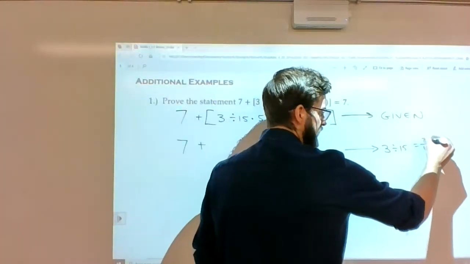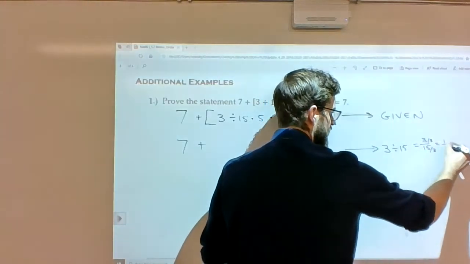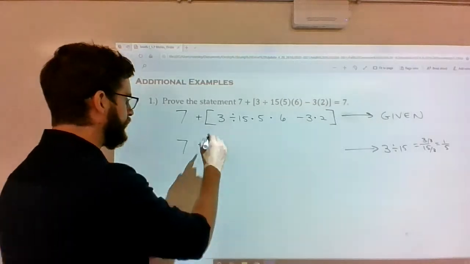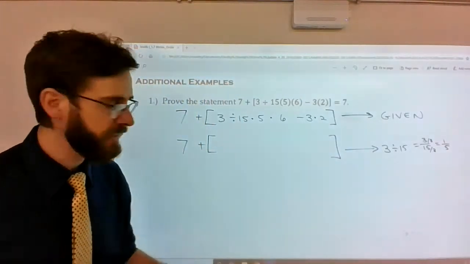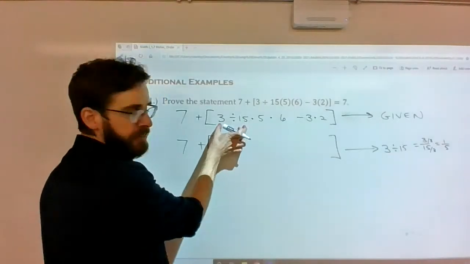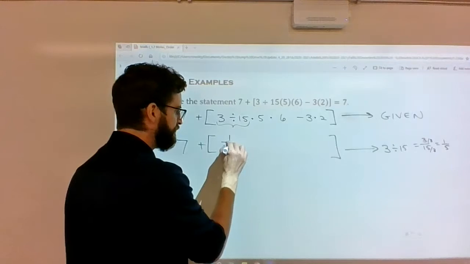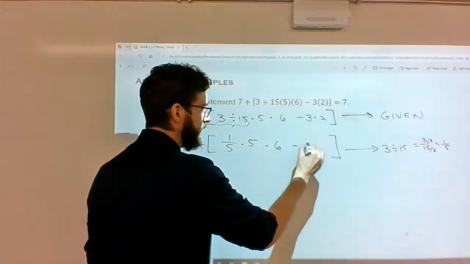You take 3 divided by 3 and 15 divided by 3, which gives you 1/5. So that's going to be our first move. We are now rewriting everything inside the brackets exactly the same, except 3 divided by 15 is now 1/5, times 5 times 6 minus 3 times 2.